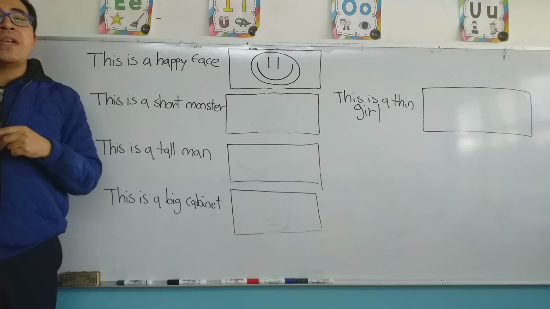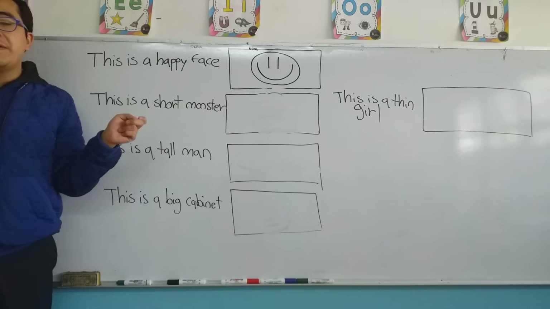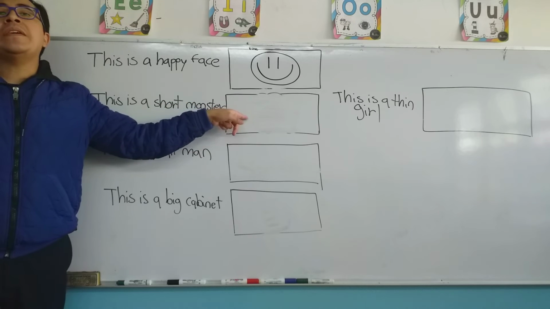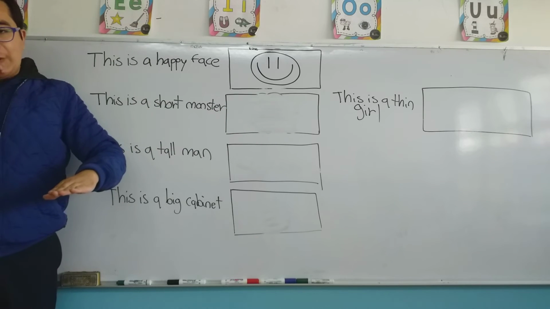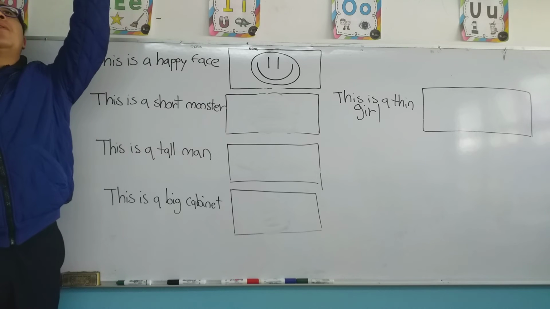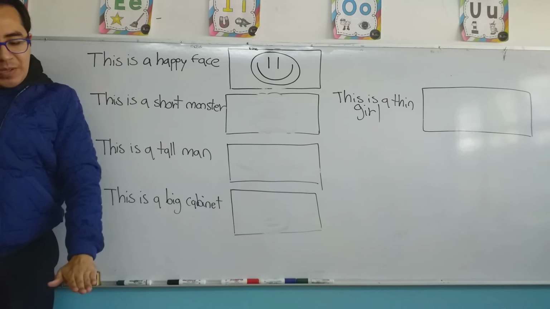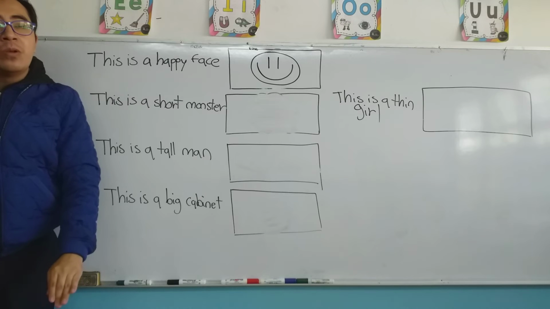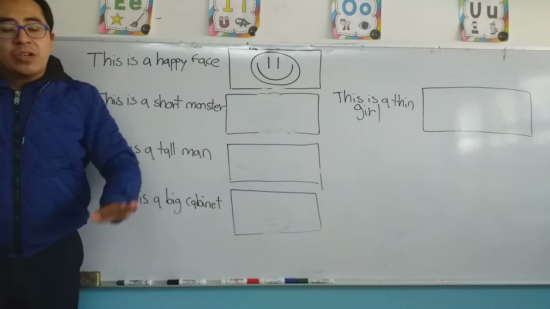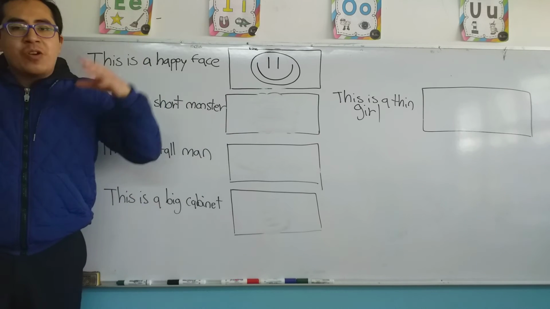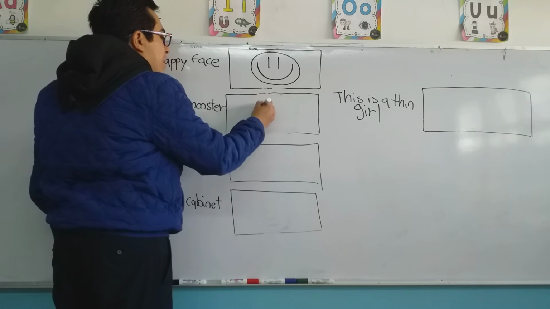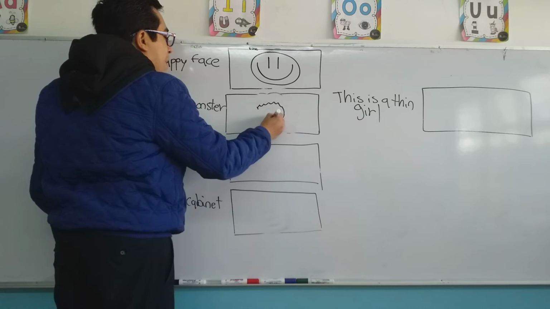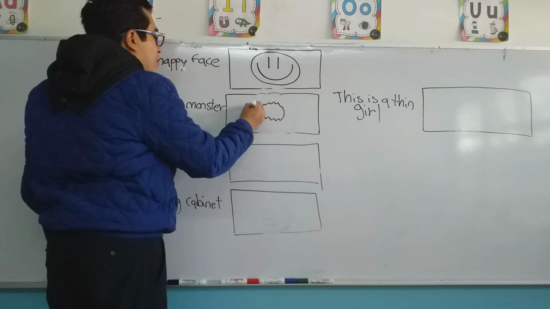Let's continue with the second sentence, and it says, this is a short, remember, tall, short, bajo o corto. This is a short monster. Okay, so for monsters we can make something like this. I'm not very good at drawing monsters, but I will do my best.